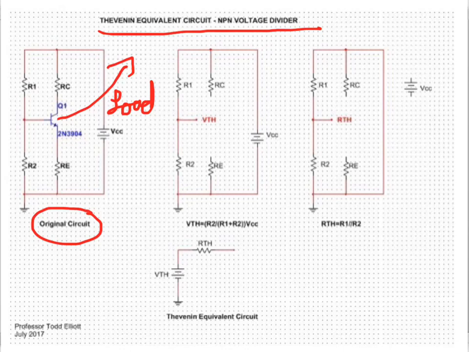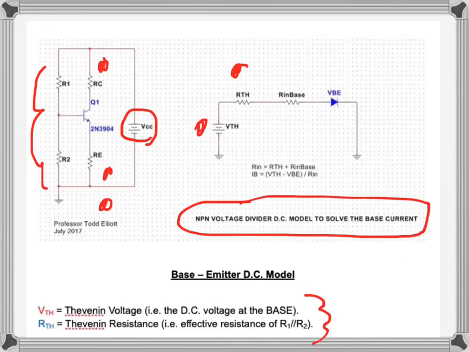You remove the load, and to calculate VTH you look back into the circuit with the load removed and determine the voltage that you see, which in this case is going to be the voltage across resistor R2, which is what we expect to see over here. That's exactly the same voltage.